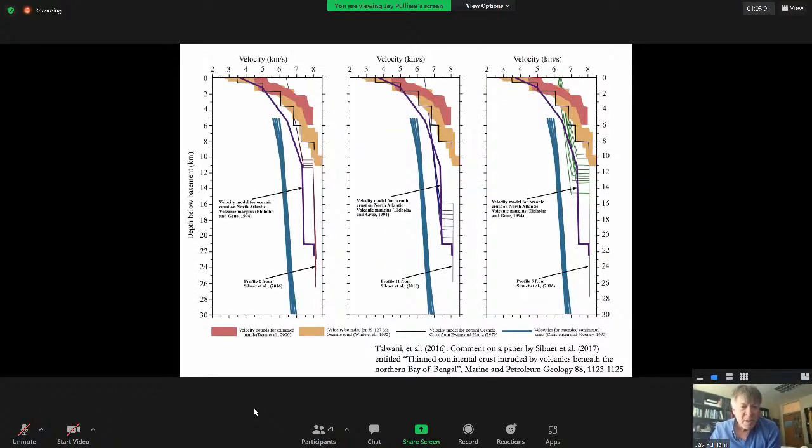And then Talwani used the same figure that Sibue et al. had used and claimed that no, the profiles that they found were actually more like oceanic crust than continental crust. So that's part of their argument.